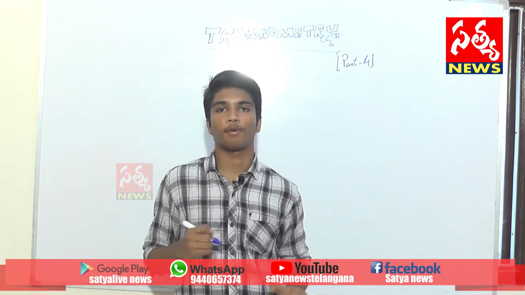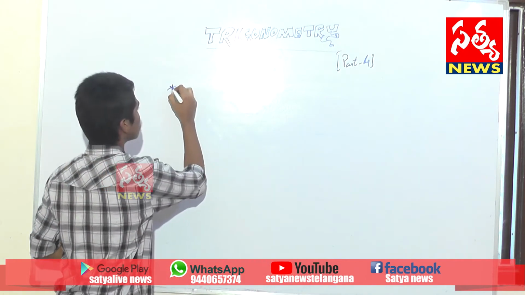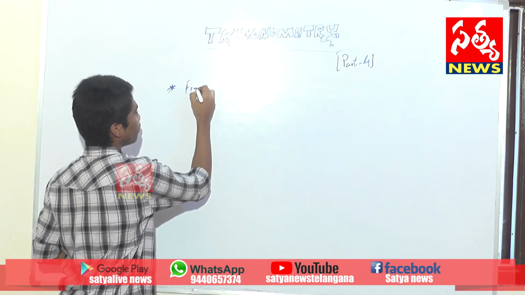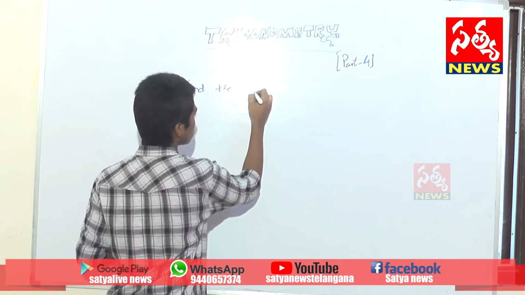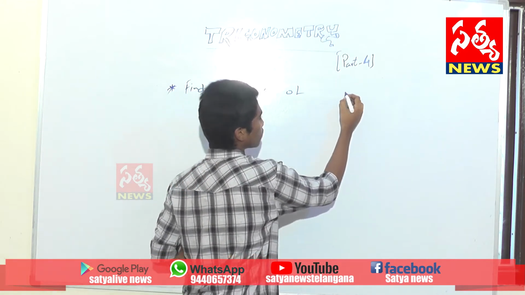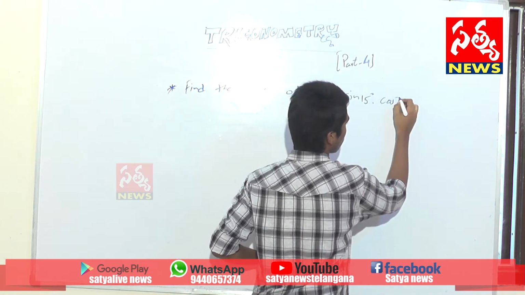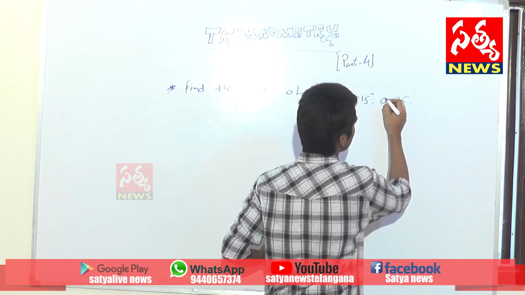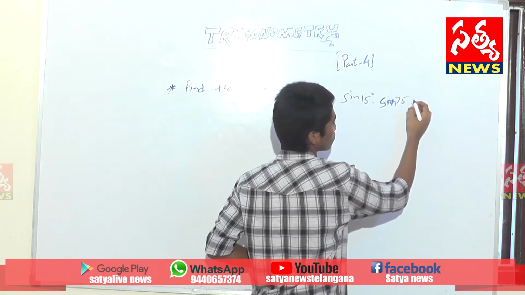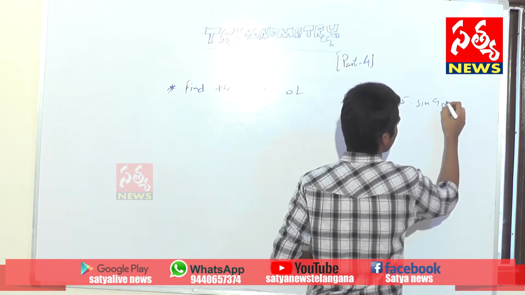Let's discuss one more problem. Find the value of sin 15 degrees into sin 75 into sin 90.